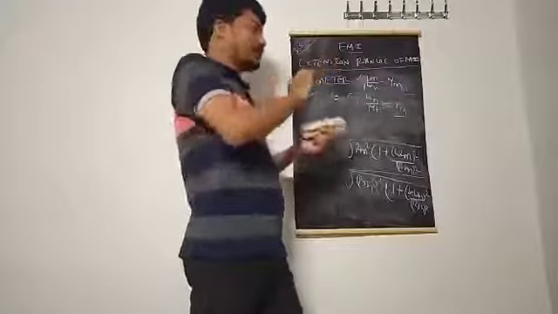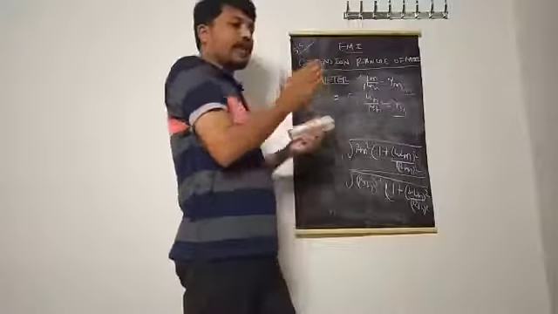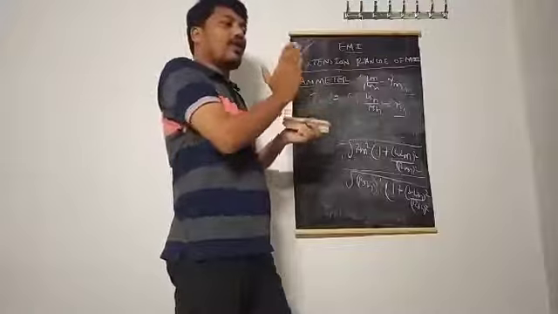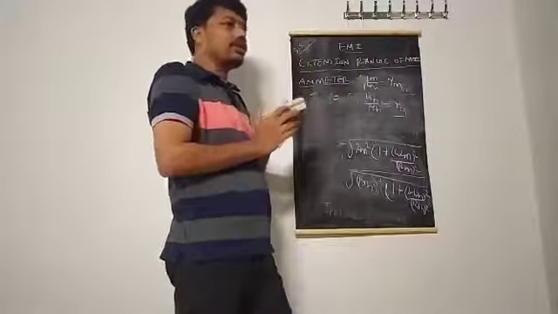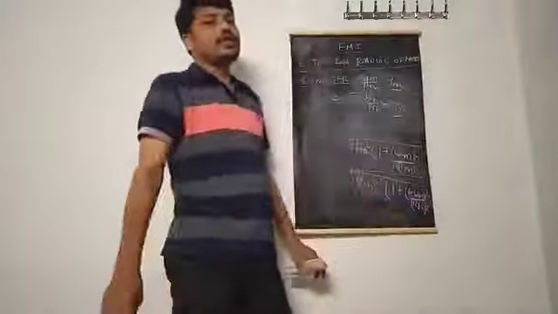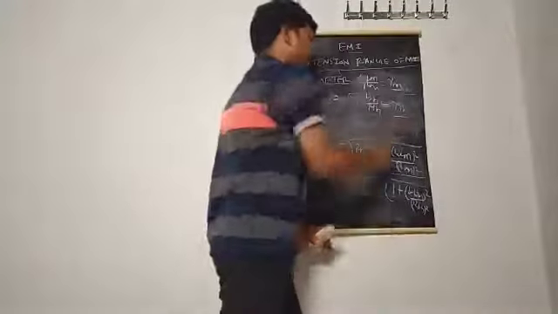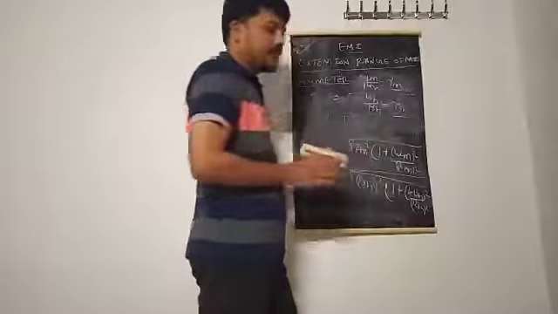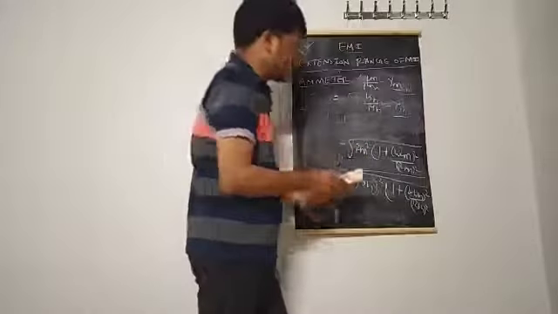The time constants of the meter and of the shunt path should be equal. That means the time constant of the meter tau m is equal to the time constant of the shunt path tau sh. Then this is independent of frequency. Let us prove that here.